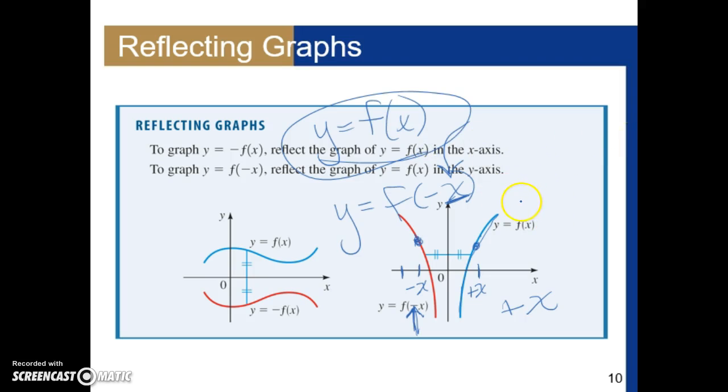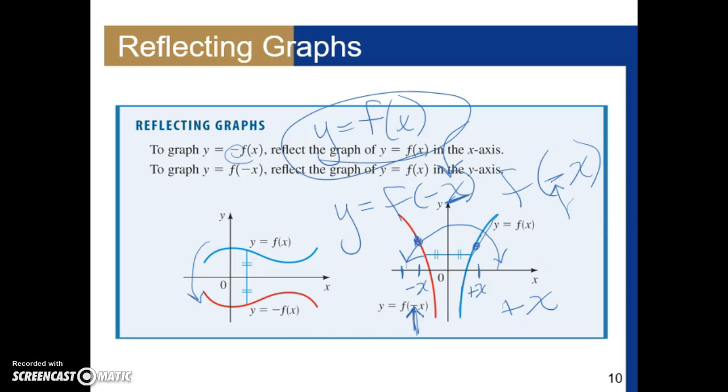So when we put the negative inside the function machine, that in essence is a reflection over the y-axis. So we're going to have reflection over the y-axis when we put the negative inside the function machine. We'll have a reflection over the x-axis when the negative is outside of the function machine.